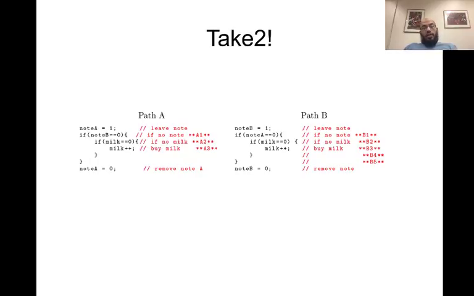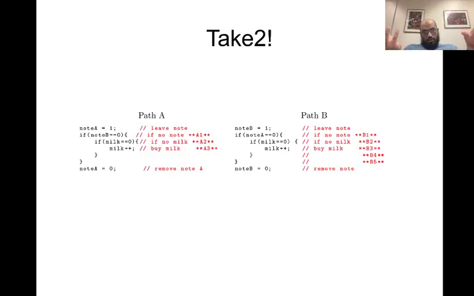I did not go past that. And since the two threads are dumb, let's not get personal, the first one sets note A to 1, gets distracted, gets evicted from the processor.